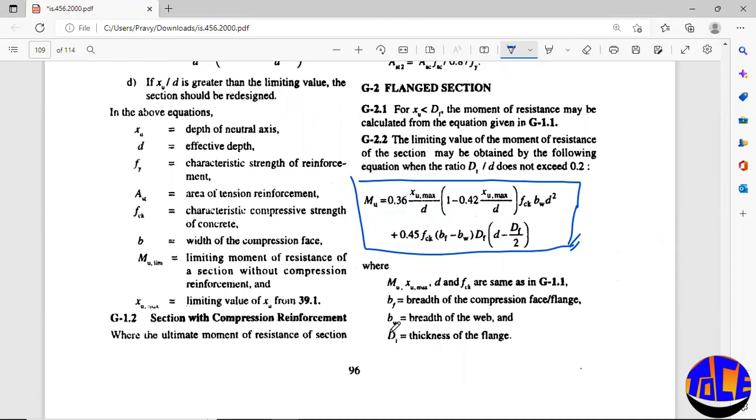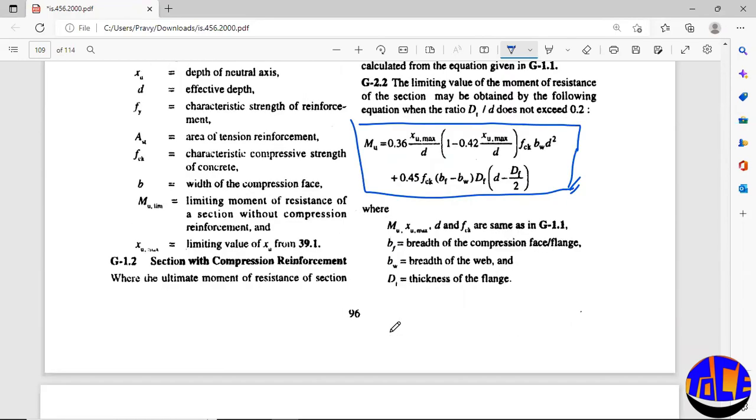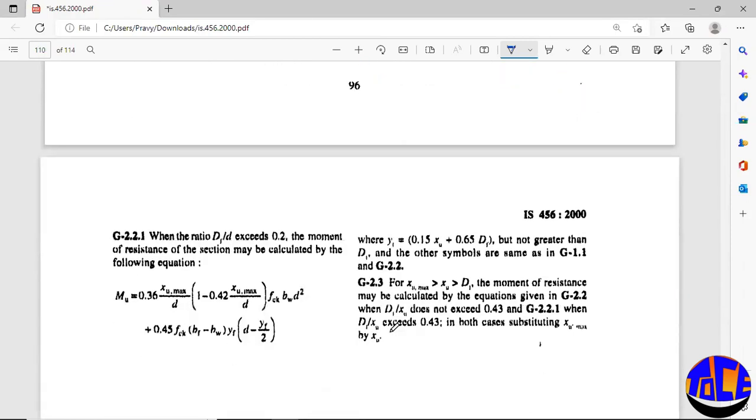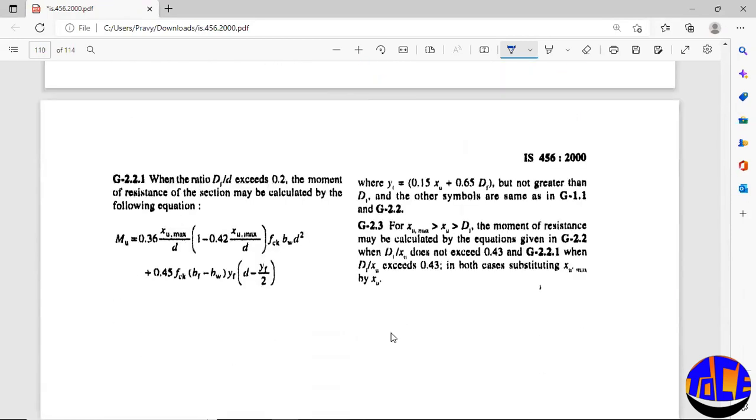In case df exceeds 3/7 of xu, that is case 2, then in place of df you have to substitute yf. So what is yf? yf is equal to 0.15 xu plus 0.65 df. This is the condition when df by d exceeds 0.2.